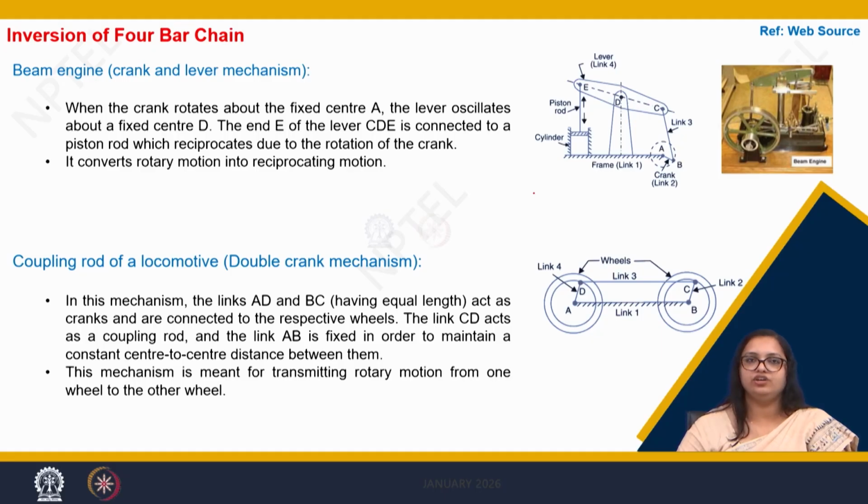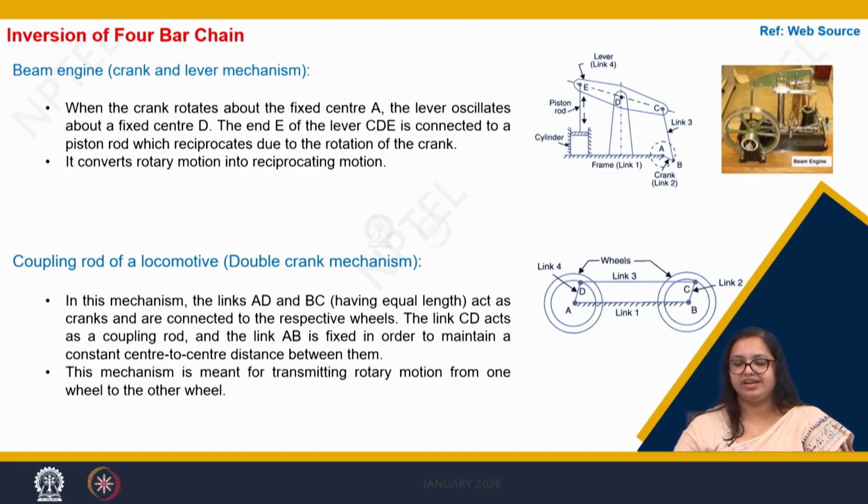The second example of a 4-bar chain is the coupling rod of a locomotive, which we also call a double crank mechanism. Here we see that there is one link which is fixed between 2 wheels, and then there are 2 links, link 2 and link 4, which are connected to the wheels, and these 2 points are connected by link 3.